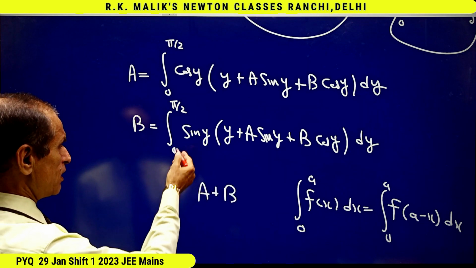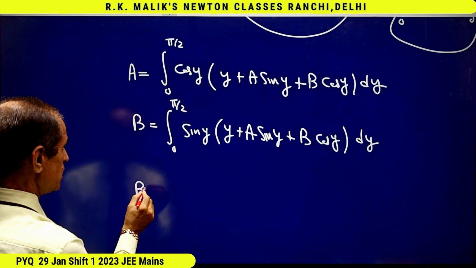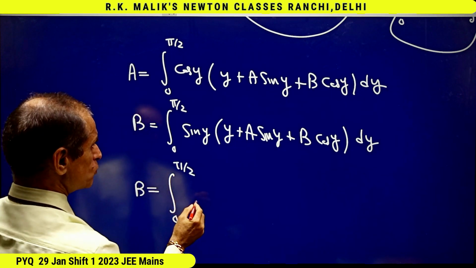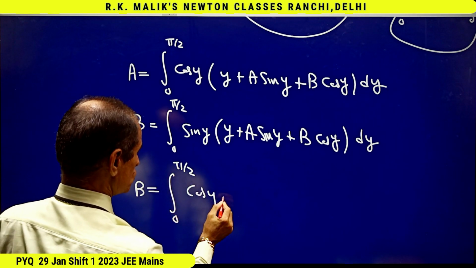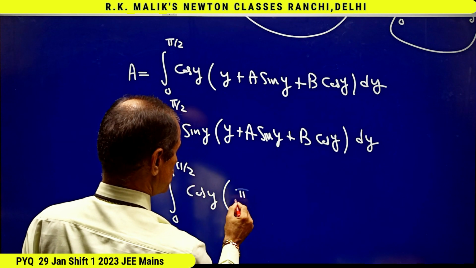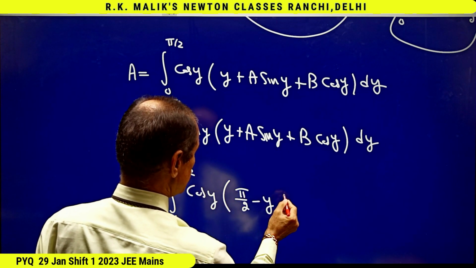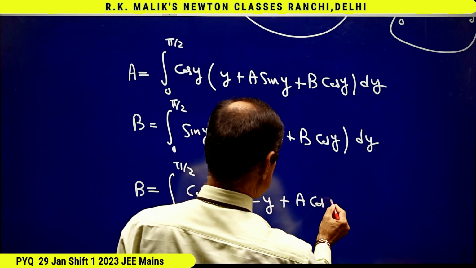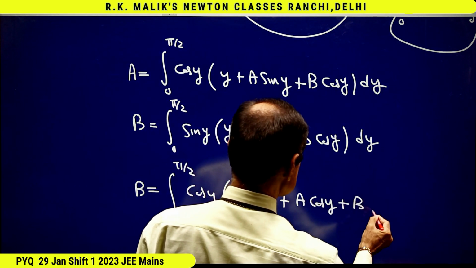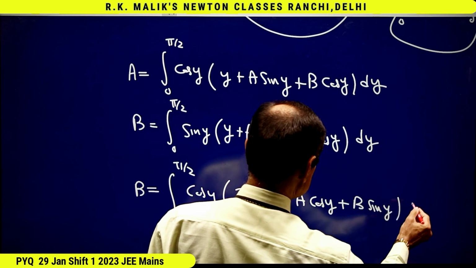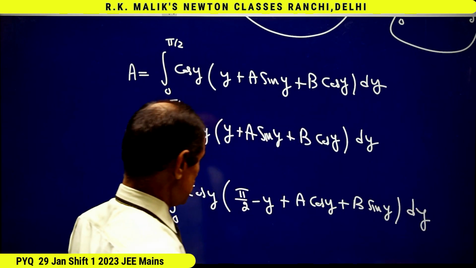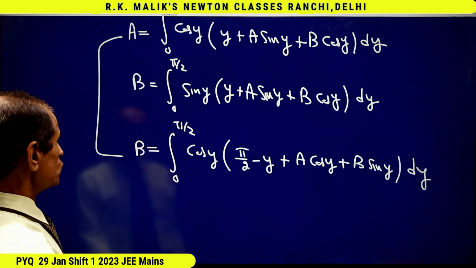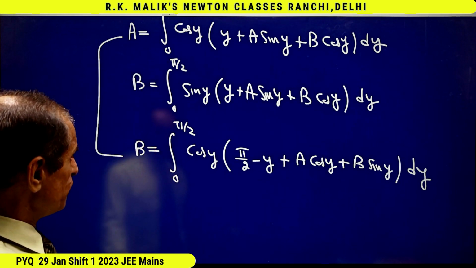If I use this formula here, I'll be getting b equal to integral 0 to pi by 2 cos y into pi by 2 minus y plus a cos y plus b sin y dy. And now it is easy to see that if I add these two, everywhere a plus b will come.